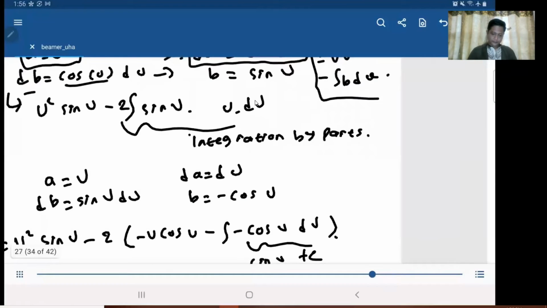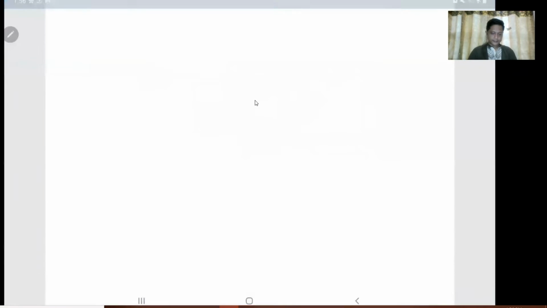So maybe the final move is to wrap up everything and substitute back to X, correct? Because the question is in X, so we cannot only write the answer in U.